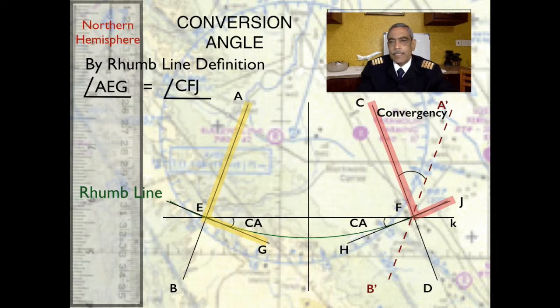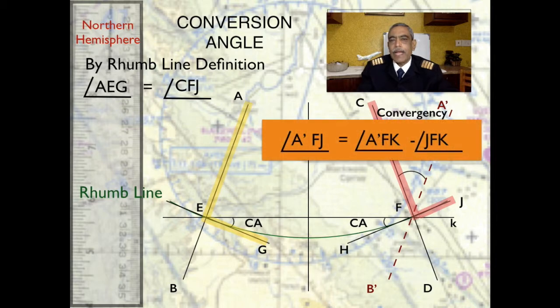Now, let's get to the other side here. Angle A dash FJ can be written as the total of, that is, A dash FK minus JFK. Simple, it's two angles, one subtracted from the other.